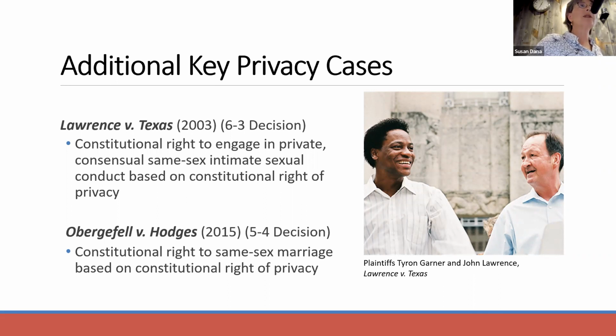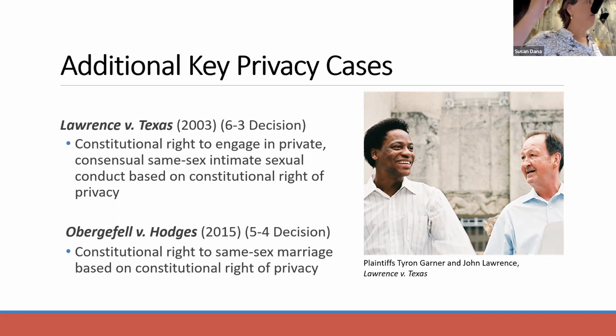We have a long history of finding that marriage is a fundamental right under the 14th Amendment. And so gay marriage is too. I mean, marriage is marriage. So the court found that in both of those cases. The dissenting judges continued to argue there's no right of privacy in the Constitution, or if there is a right of privacy, it is only for fundamental rights that are deeply rooted in our history and tradition.